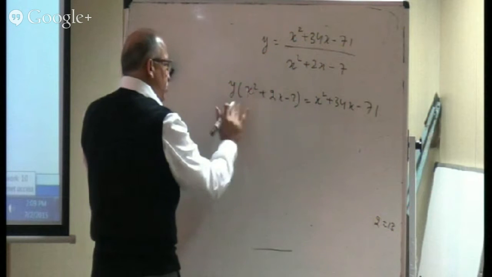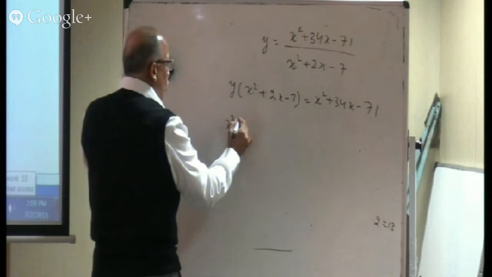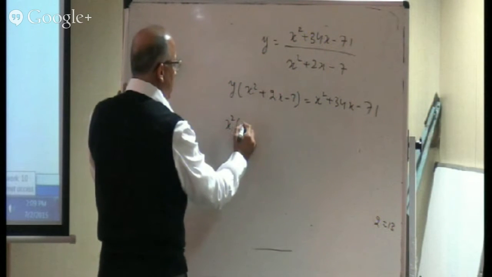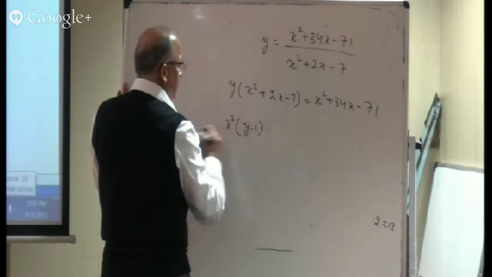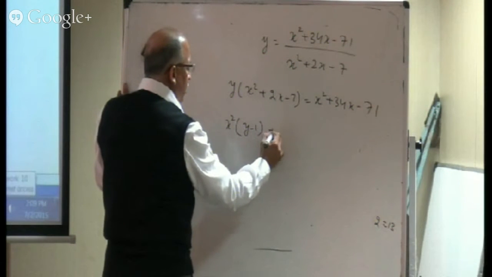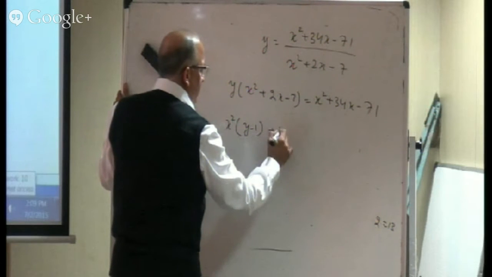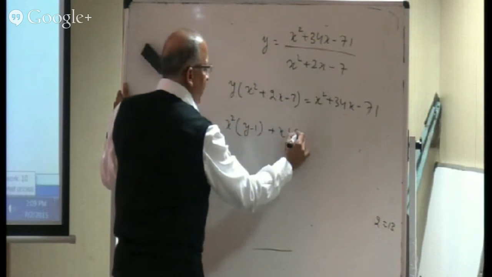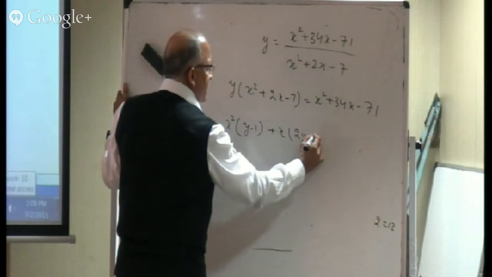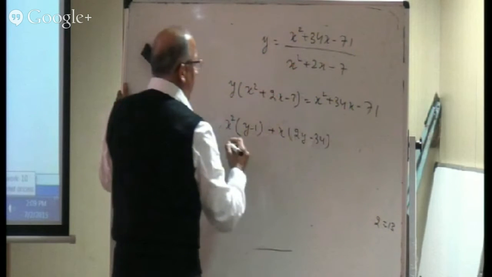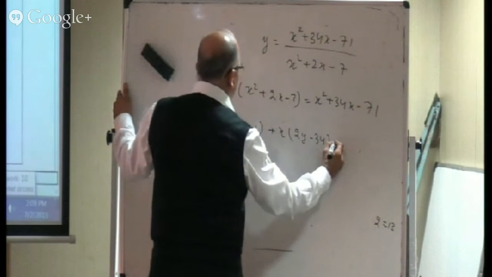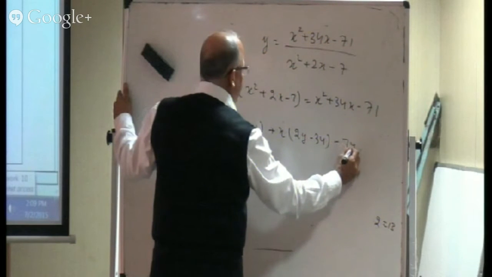We bring everything to this side and collect the coefficients of x square. It is y minus 1. Then let us collect the coefficients of x. This is equal to 2y from here and minus 34 from there, and then the constant term, which is minus 7y plus 71.